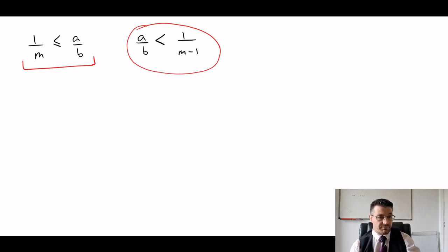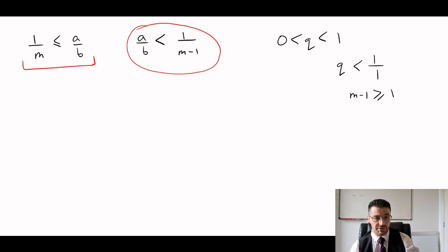So, M has to be, because Q is between 0, remember, 0 less than Q less than 1, that means that 1 over 1 is always going to be greater than Q. Okay? So, M minus 1 is going to be greater than or equal to 1, and therefore M is going to be greater than or equal to 2.